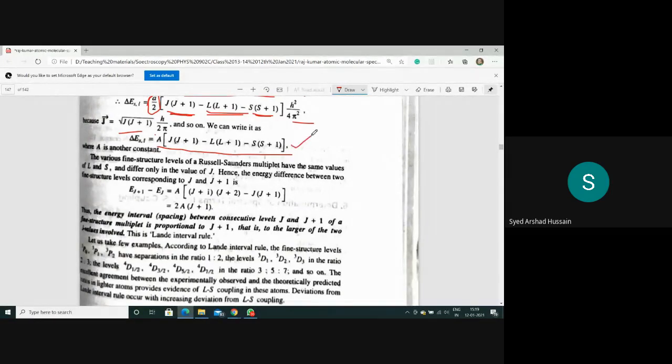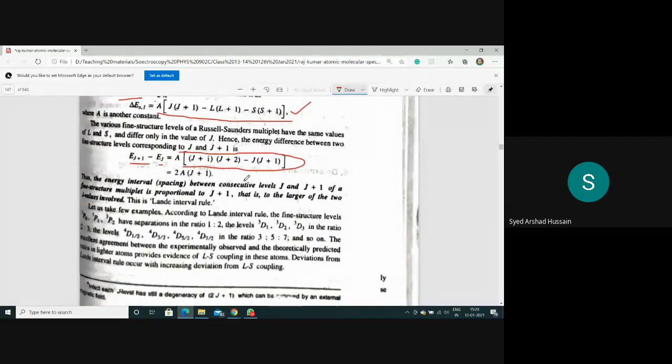And for J it is already there. If you take the difference of the two, you will see E of J plus 1 minus E of J is equal to this. There, L into L plus 1 and S into S plus 1 will cancel out, because both have them; only in place of J, in one of them J into J plus 1 has been put. So it is equal to 2A times J plus 1. That means the energy difference between two fine structure components in the LS coupling scheme is proportional to the larger of the two J values involved, that is J plus 1.